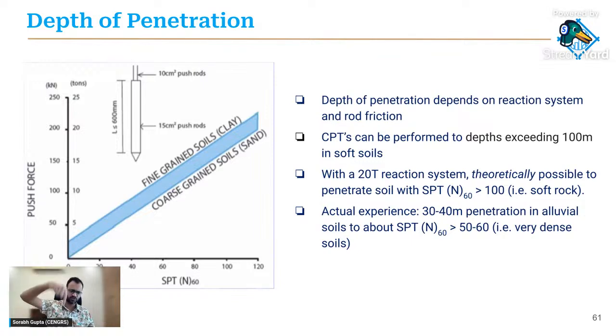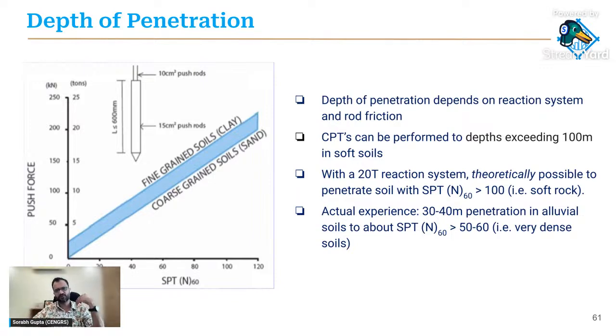So as you push the cone, you are building up on the friction along the cone sleeve, and you also have the cone tip resistance, and really you are limited by the total system force, which is 20 tons. So you know that your thrust is 20 tons. As soon as your reaction from the soil along the sleeve and the tip equates 20 tons, you can't push any further. So you are limited by the capacity of your pushing equipment primarily.